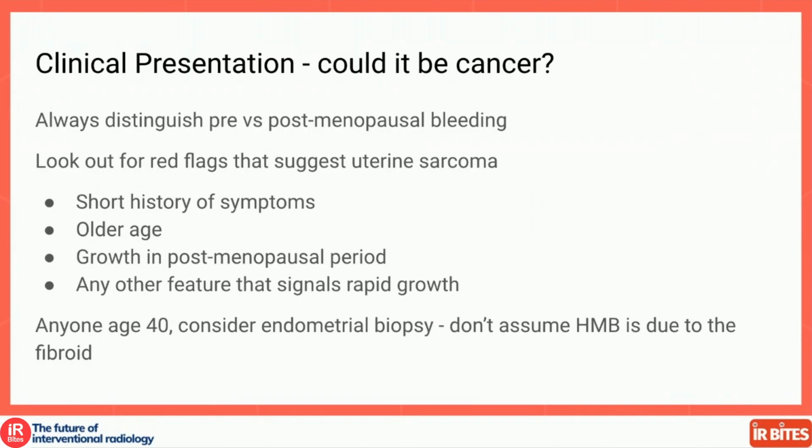Those are signals that should make you think about cancer, or anything else that makes you think this is growing pretty quickly. You should always consider the endometrium as a cause of the bleeding and not assume that it's a fibroid. The reason that's important is someone might have a fibroid and then present with bleeding either perimenopausally or postmenopausally. You don't assume that it is necessarily due to the fibroid, and always think every time they present, could it be something else? Just so you don't miss another cause of it.